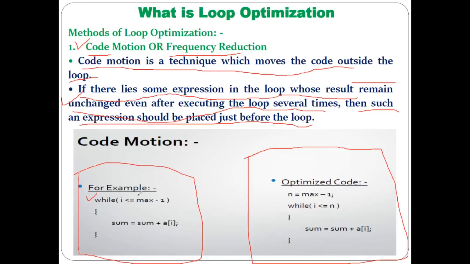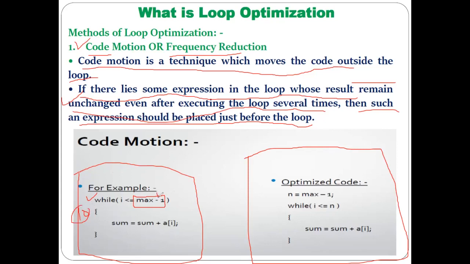Now if you see this expression max minus 1, this is a sub expression. If you remove this sub expression and write it outside the loop, what happens? Suppose this while loop gets executed 10 times.